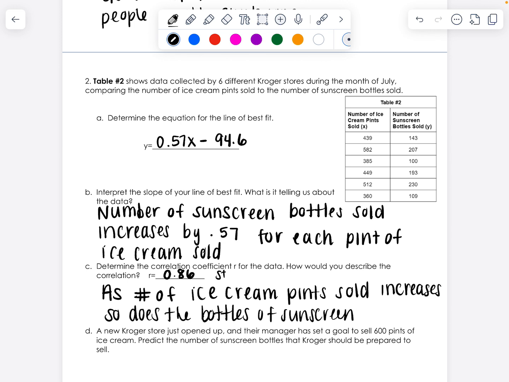Because we have a strong positive correlation here, that means as the number of pints sold increases, so does the sunscreen sold.